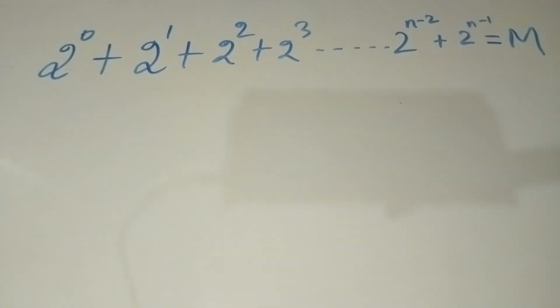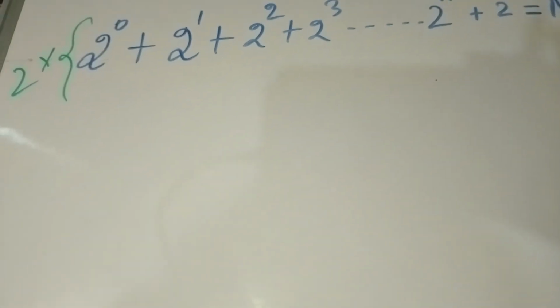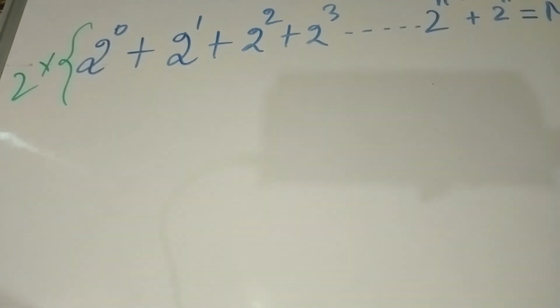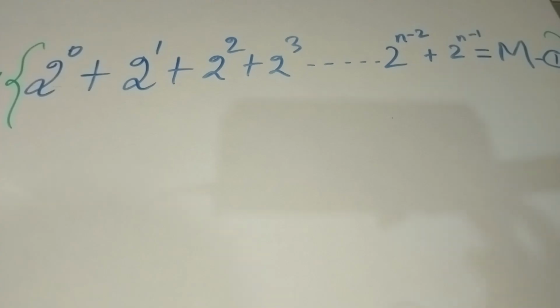Okay, now what we will do, we'll multiply this whole equation. So this is my equation number 1, and now I'll multiply this whole equation with 2. So when I multiply this whole equation with 2, what will I get?